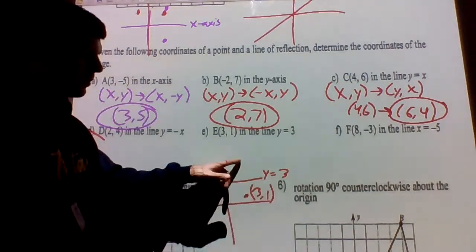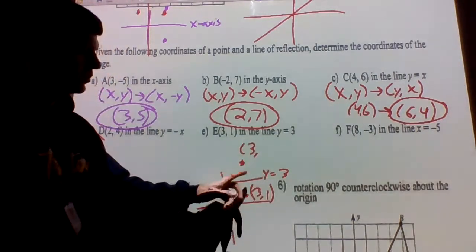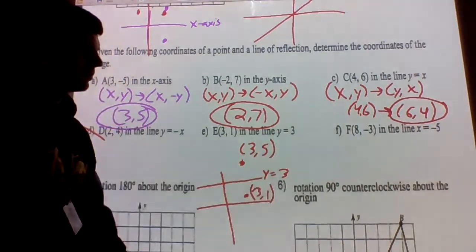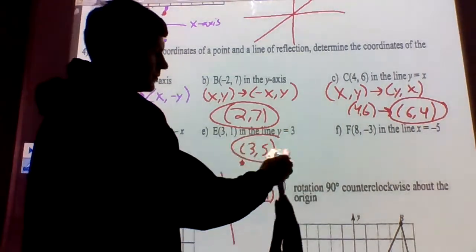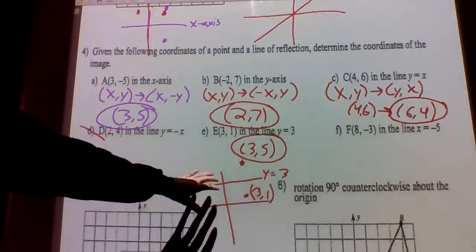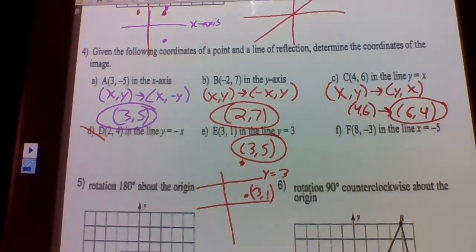So if we flip it up above, it's still going to be 3. We're 2 units below. We need to go 2 units above. So now we're going to be at 3, 5. Maybe a little easier to do on a graph paper. So if you don't understand this, put it on an actual grid and see if you get it.